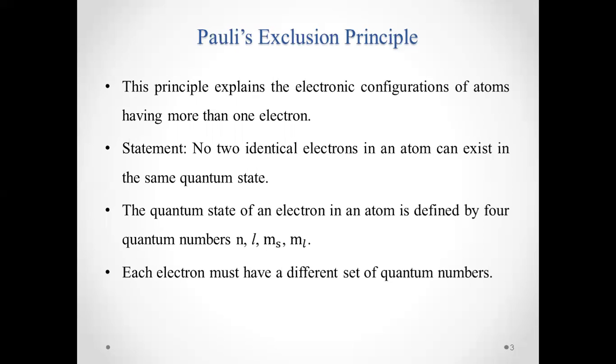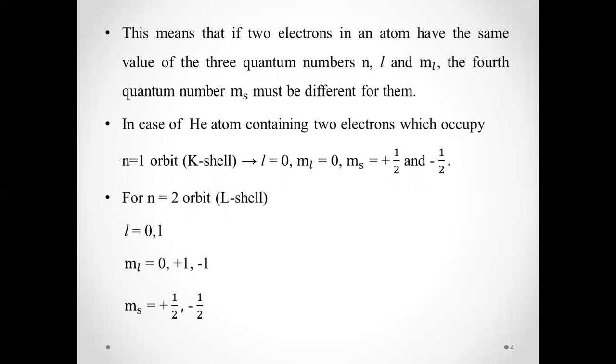That is, the quantum state of an electron in an atom is defined by four quantum numbers n, l, ml, ms. Each electron must have a different set of quantum numbers as predicted by Pauli's exclusion principle.